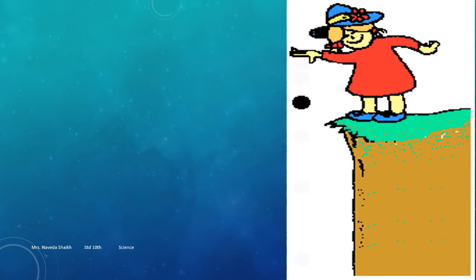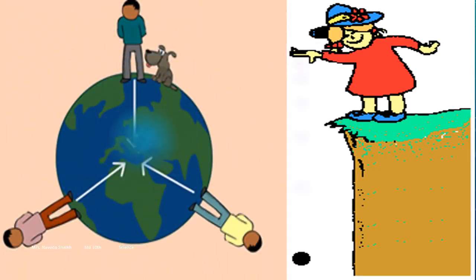Here, this picture shows that we all are standing on a planet, but nobody is falling. We know that Earth is spherical in shape, and when we are walking around, we have vehicles, plants, animals, so many things on our planet, but nothing falls down. Why?